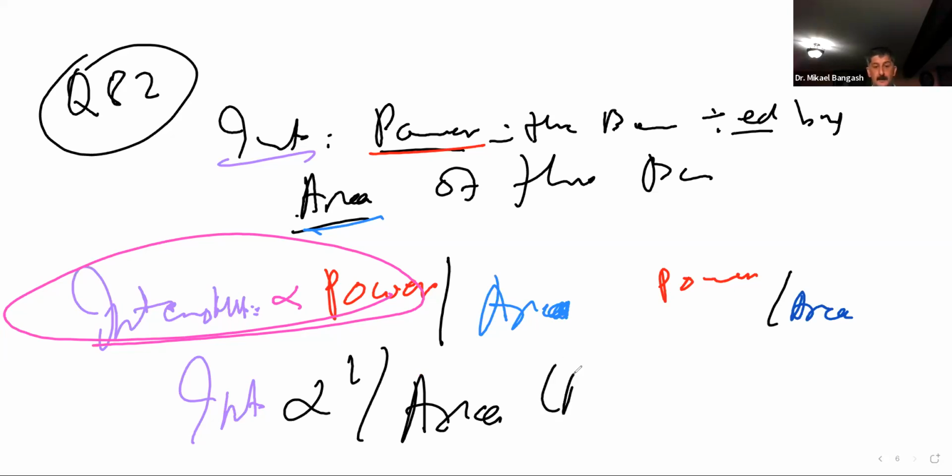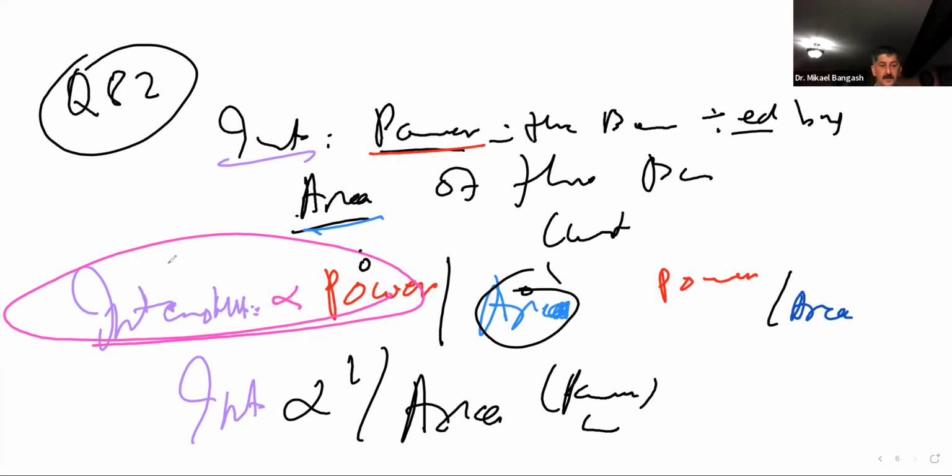That's because if you kept the power constant. Whereas for this one here, that's where we keep the area constant. But changing both power and area is going to have their own changes on the intensity.